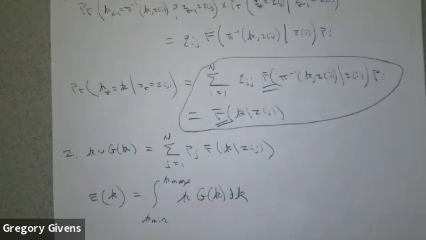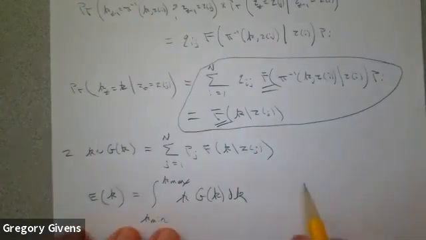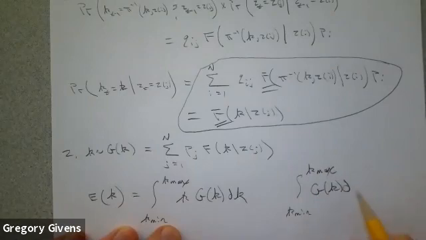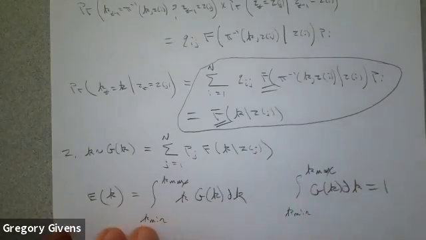G is the probability density function, if you will, of the random variable K. Or alternatively, you can think of the integral from K-min to K-max of G of K dK as equal to 1. You sum over all of the probabilities, they should equal 1.